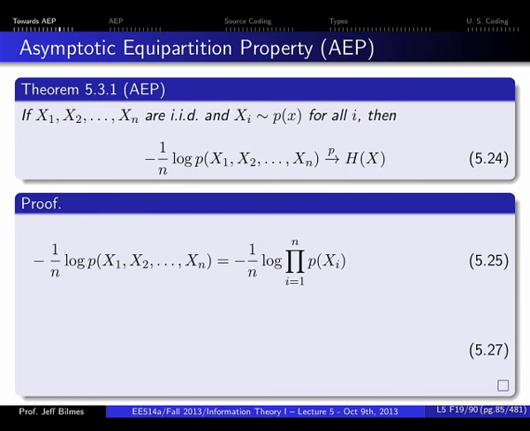We write it using the IID assumption. We turn the log of the product into the sum of the logs. And then we use the weak law of large numbers to say that that converges in probability when n gets big to its expected value, which is equal to the entropy. So that's all we needed in order to demonstrate this.